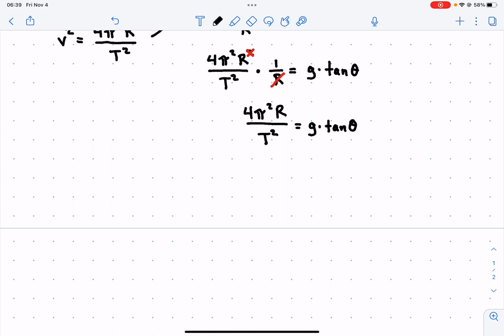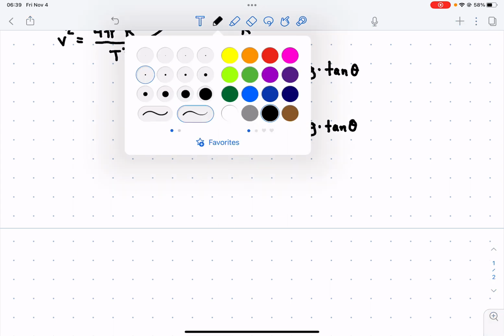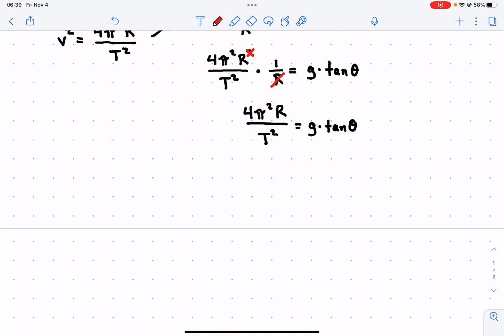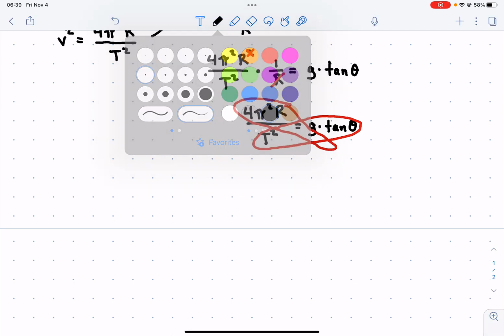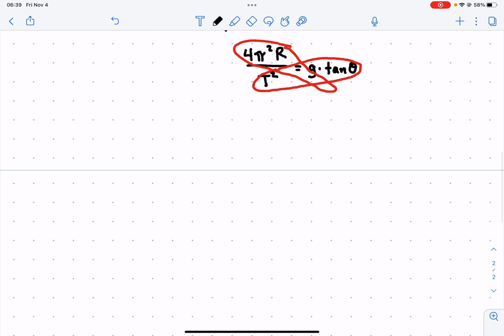Okay, now ultimately we're trying to isolate T, because we want to solve for the period. So let's go ahead and grab another color. We're going to go ahead and cross multiply. And we're going to go ahead and have our equation below.